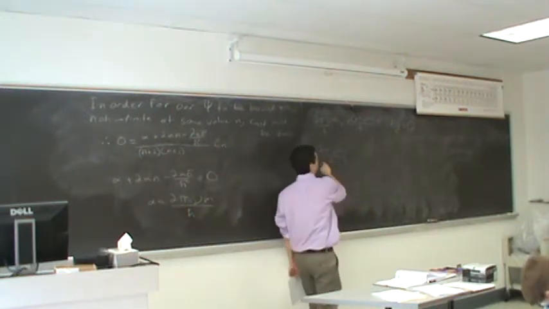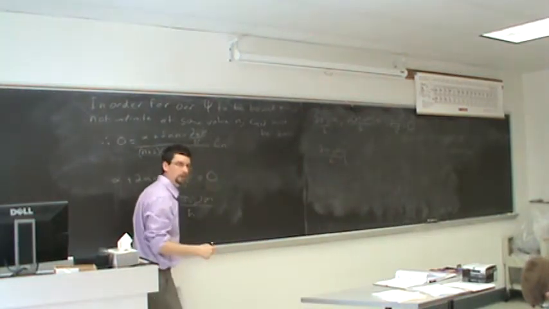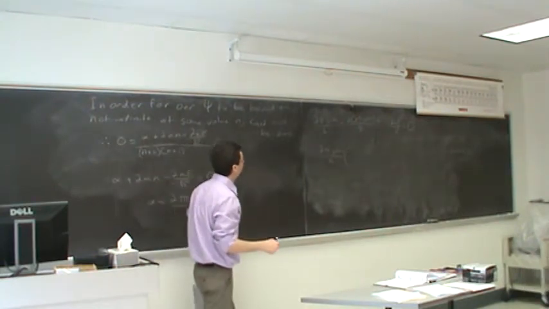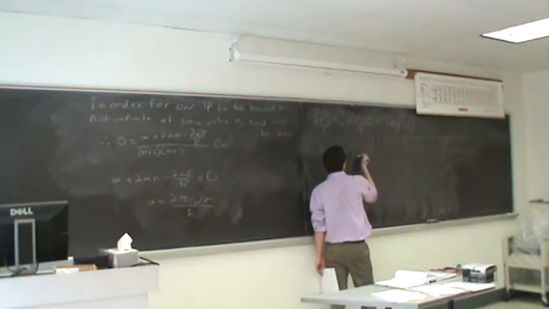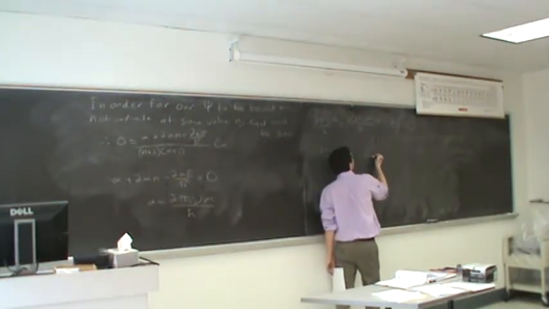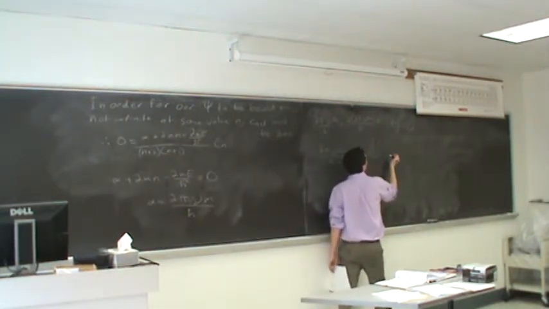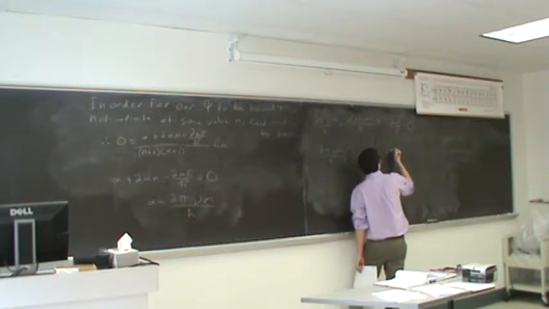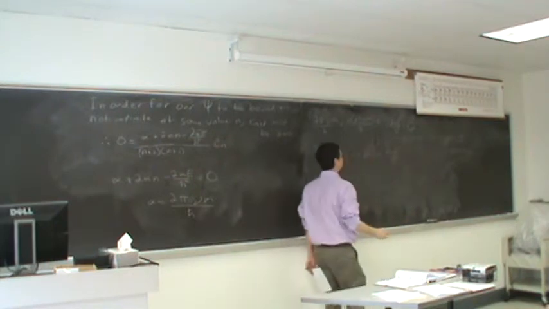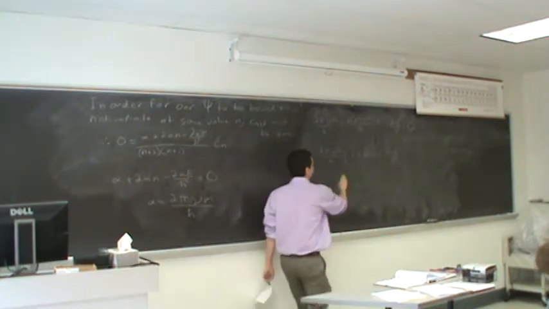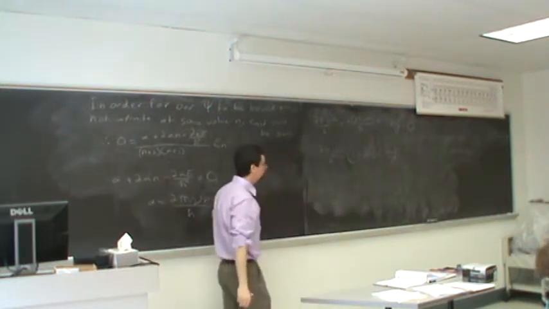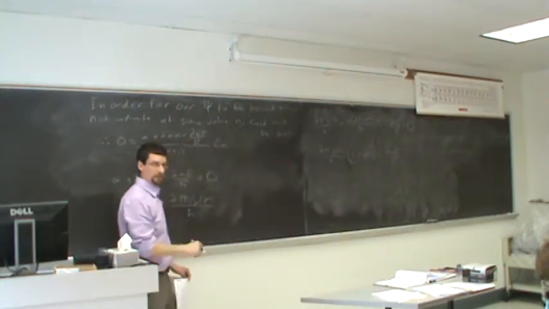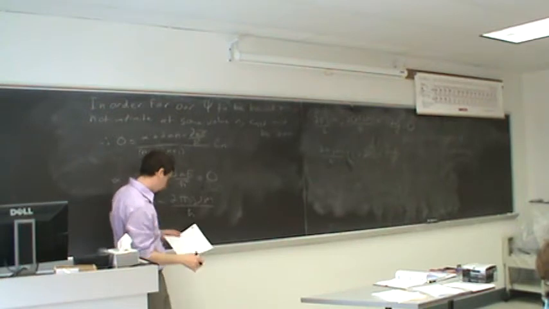We can take all of that junk out, right? And we end up with 1 plus 2n is equal to 2mE over h bar squared, right? There we go. Does everybody see what happened there? Okay.